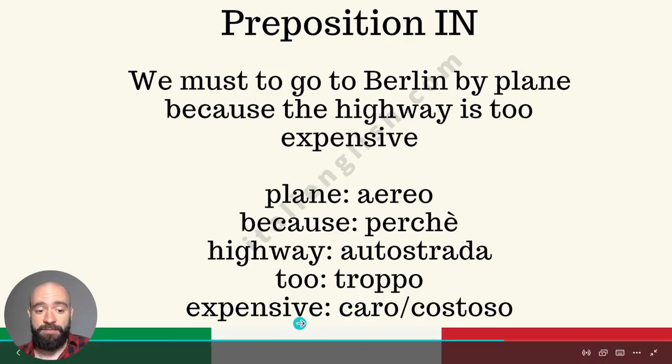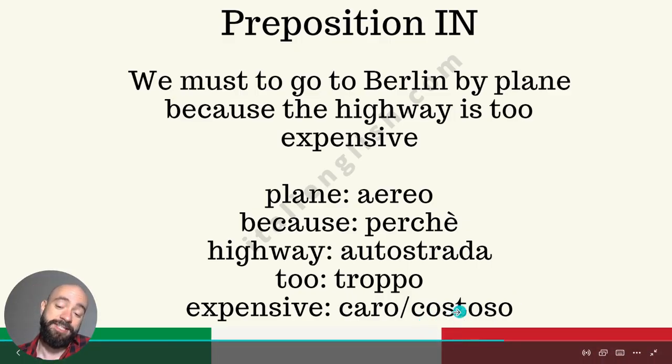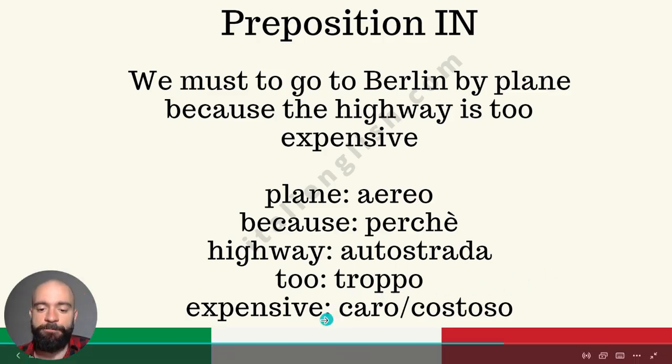And expensive is an adjective, which in the standard singular masculine is caro or costoso. I encourage you to use costoso just because caro is also used to say dear, like when you write a letter, dear Bob, dear Jenny. It is what it is. So I would say stick to this one, but it's a personal preference.